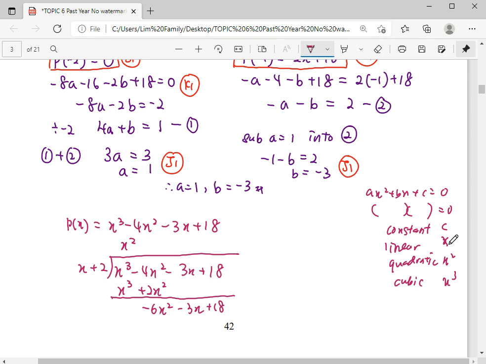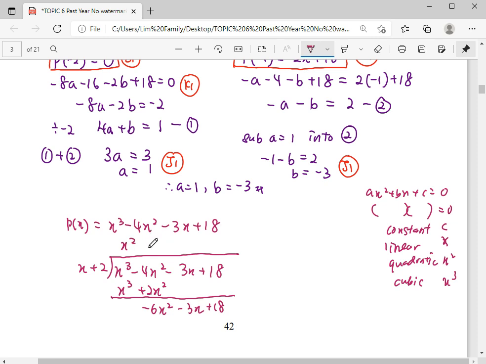Constant, getting bigger is linear, getting bigger is quadratic, getting bigger is cubic. So our remainder here must be smaller than our divisor. If our divisor is linear, then what we get here must be a constant, and then we can stop the division. So you can see now it's quadratic. Quadratic is still bigger than linear, so the division must go on.